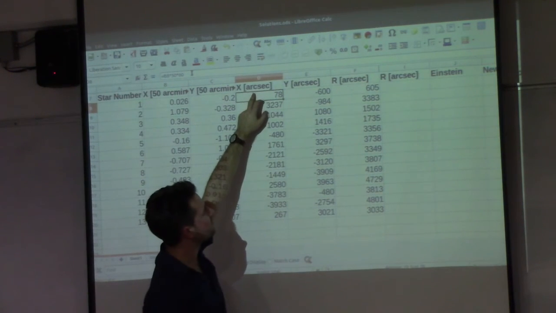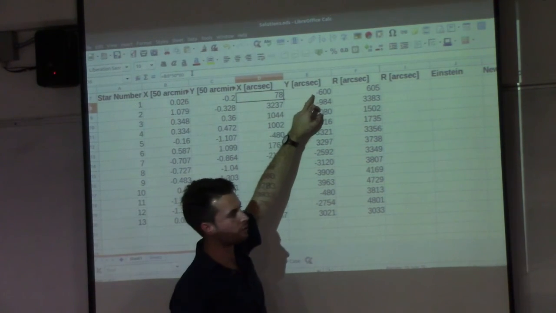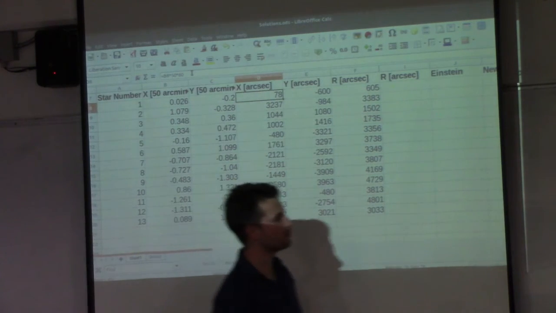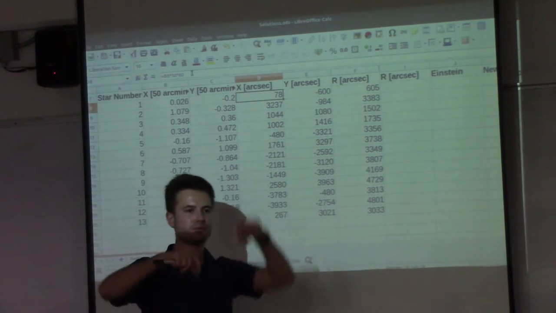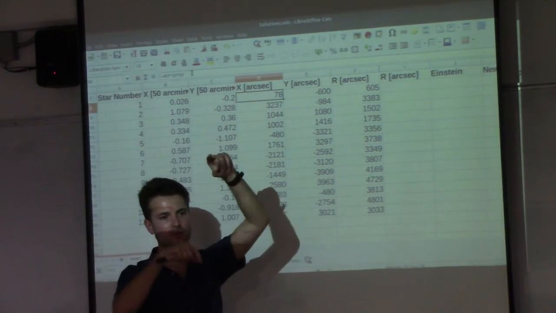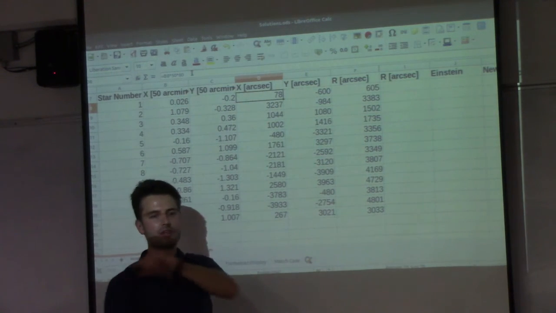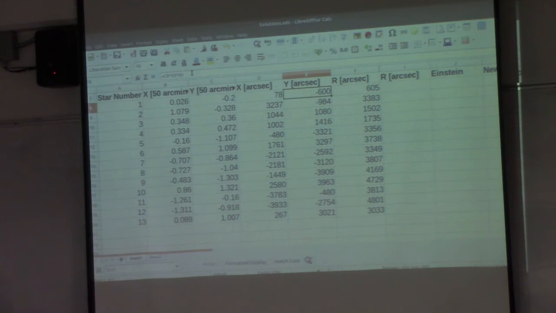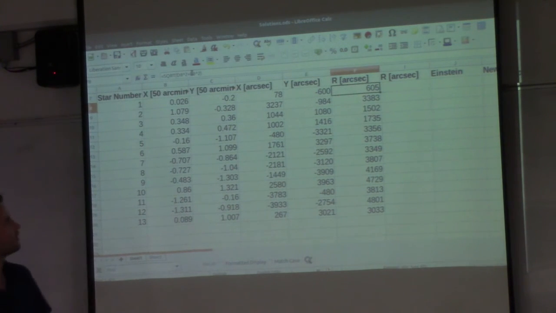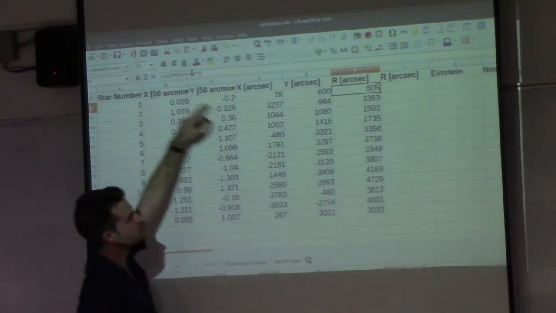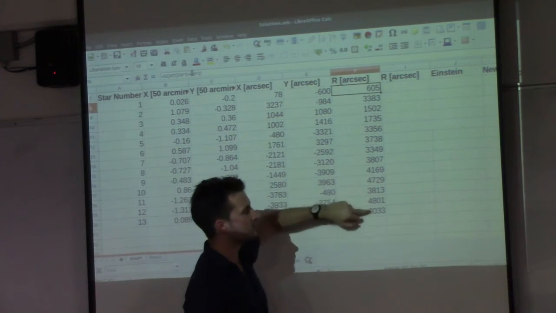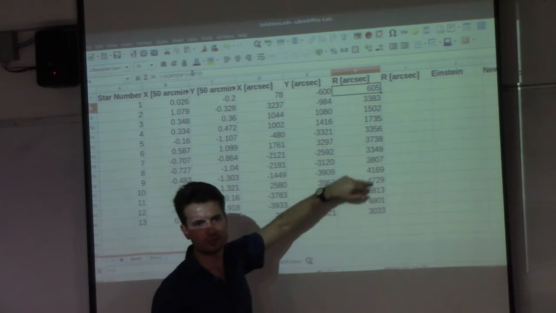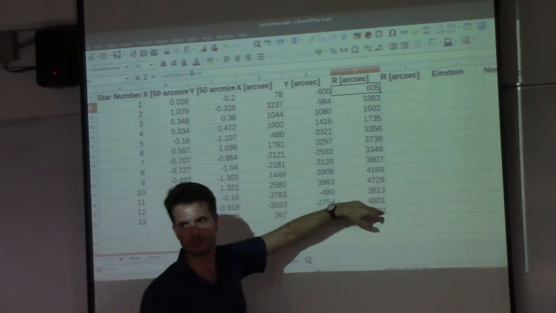Along the x-axis, the same along the y-axis, the minus sign merely means that your star is above or below the sun, or to the left or right. Then you simply add them in quadrature and take the square root. So this should be the distance from the sun. I'm not sure if you were getting similar values in general.